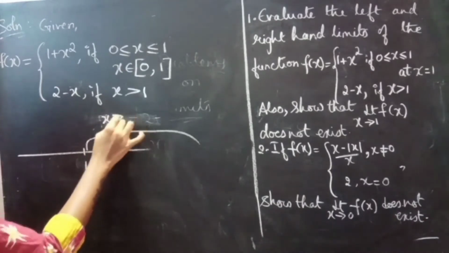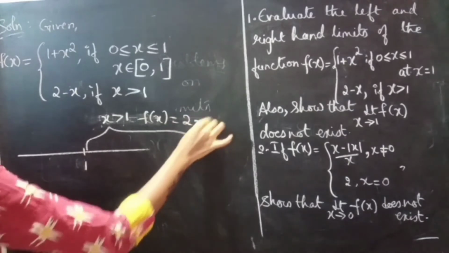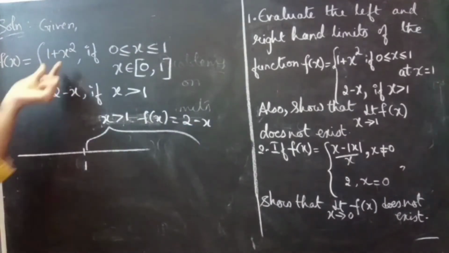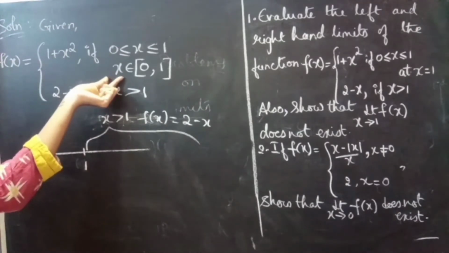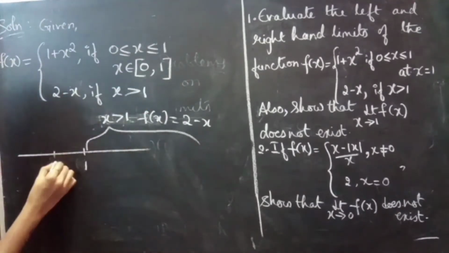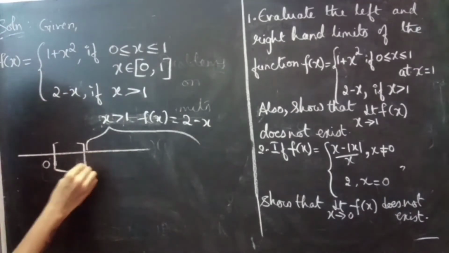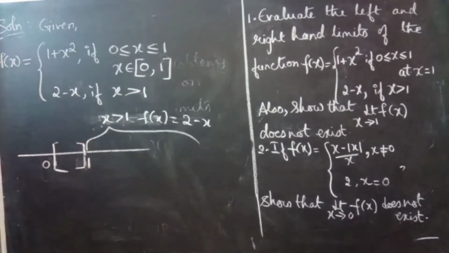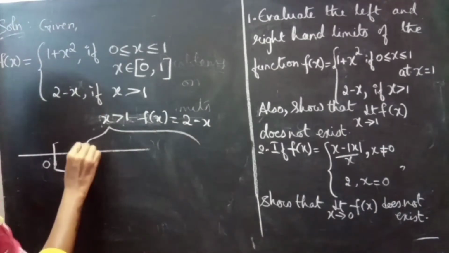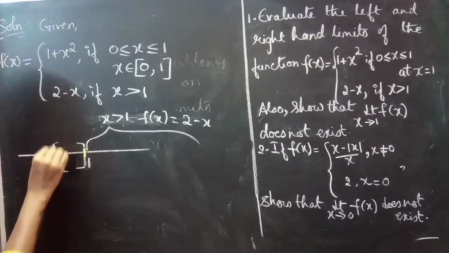When x is greater than 1, f of x equals 2 minus x. Good. Now, coming to this, f of x equals 1 plus x square if x belongs to closed 0 and 1. So this is the point 1 and this is your 0.